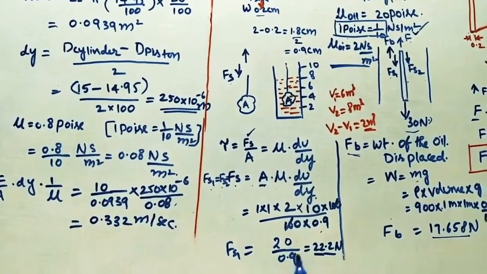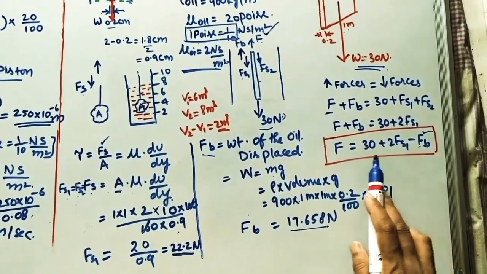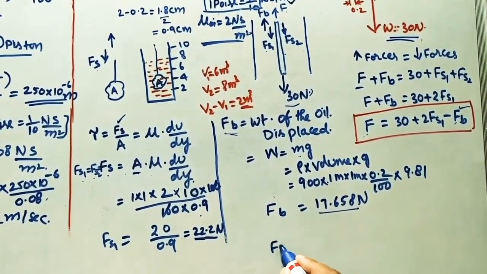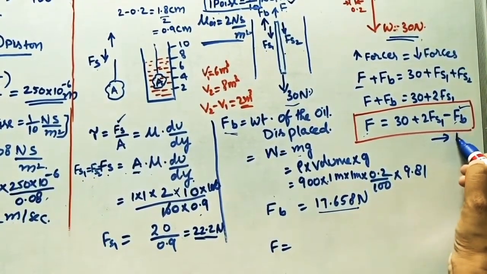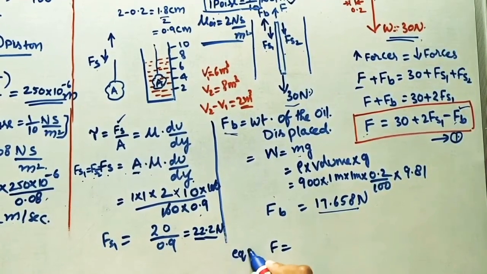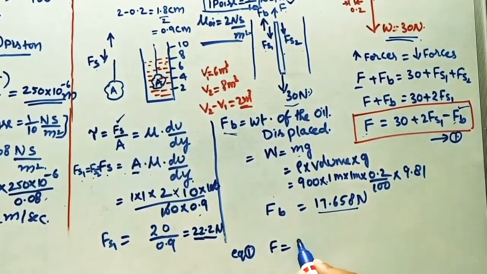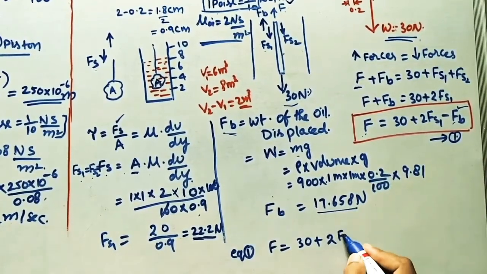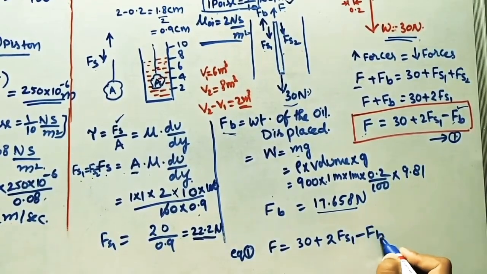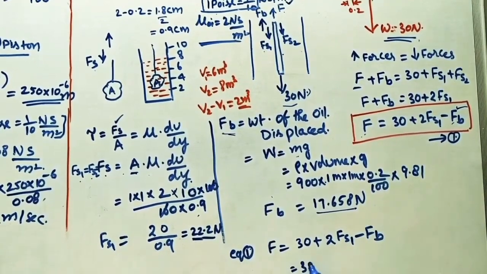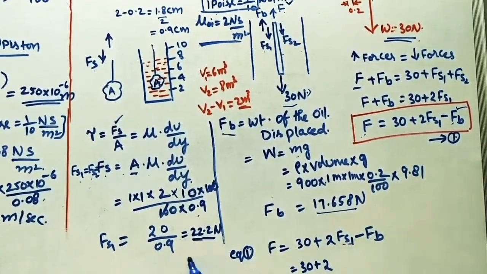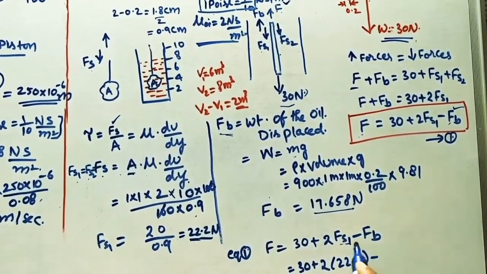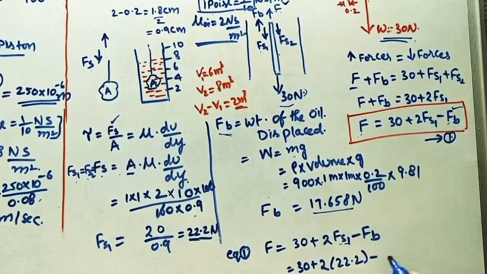Now substitute the FS1 and FB values in this equation. We will get F, the lifting force for the plate in the upward direction. So from equation 1, F is equal to 30 plus 2 into FS1 minus the buoyancy force. First write the equation, after that substitute the values. 30 plus 2 into 22.2 newtons minus the buoyancy force, 17.65.